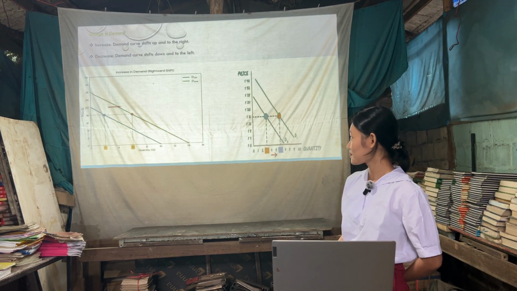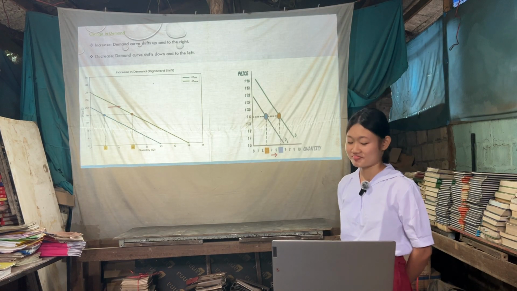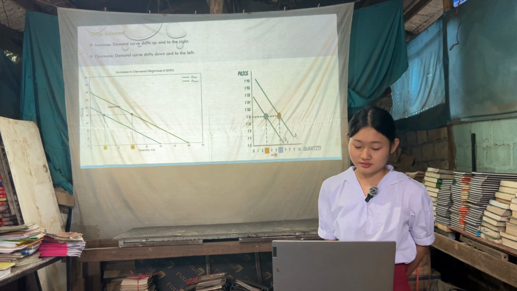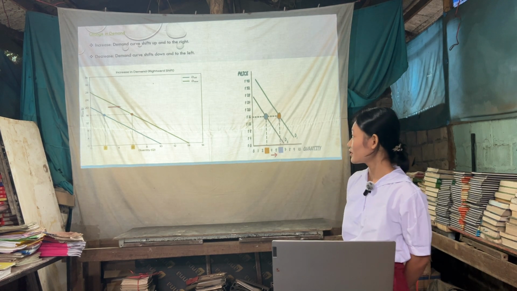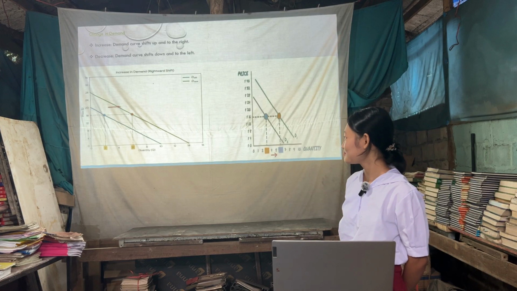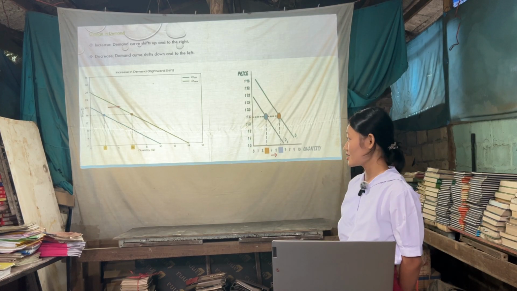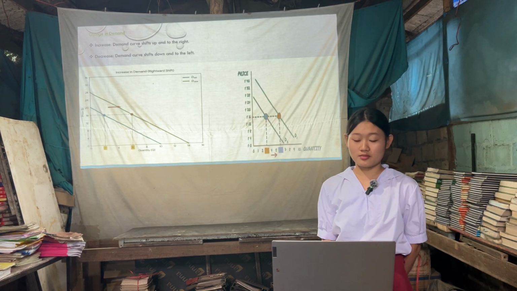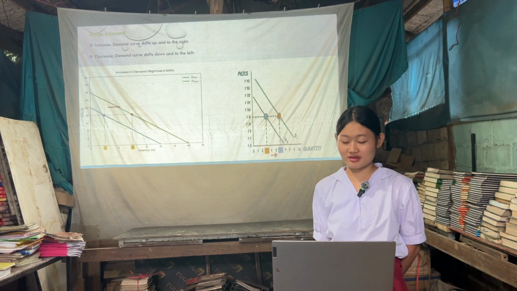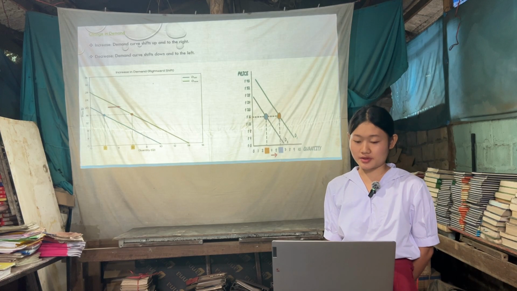Increase in demand means the demand curve shifts to the right when something great happens, and people buy more things. For example, on a hot summer day, people buy more ice cream.